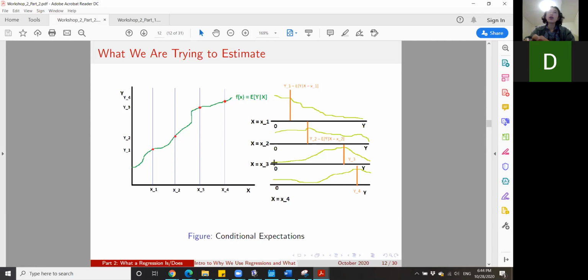You can see this is supposed to be for x2, x3, and x4, right? So you should have this function of x that is the expectation of y given x. Here I tried to make it match x1 and y1. This is supposed to be the conditional expectation of y given that x equals x1, and so on. It's important to note that there's no real reason to expect this to be smooth, though there are sometimes reasons you would expect it to be.